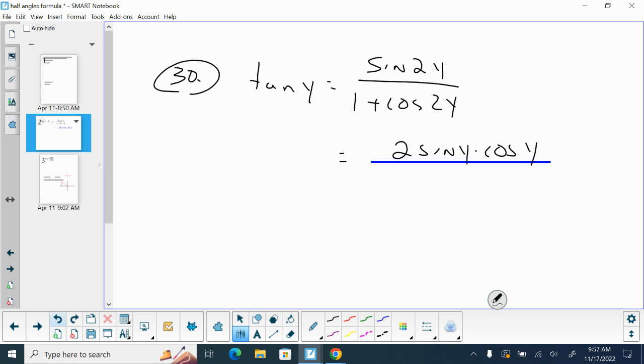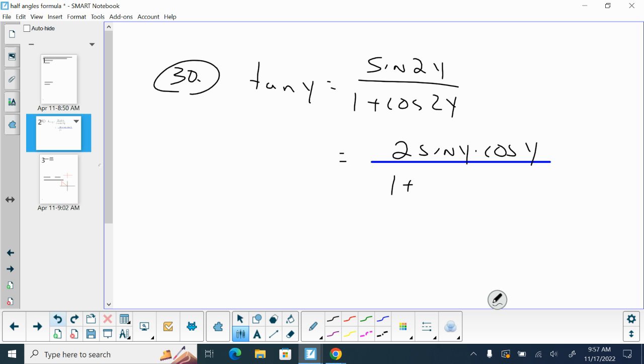Which is 2 times the sine of y times the cosine of y. Now, the bottom, we have the cosine of 2y. And we had 3 different substitutions for the cosine of 2y. All 3 of them will allow you to get to eventually what you want to get to. Some of them may take you another step or two to do.